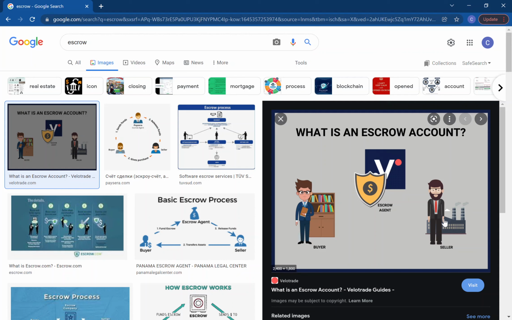I mean, when the seller re-registers the ownership of the property to the buyer, so the new owner of the property becomes the buyer. So this condition is included in the set of conditions of the escrow agreement. And when this condition is satisfied, the bank receives the ability to transfer the funds to the seller.